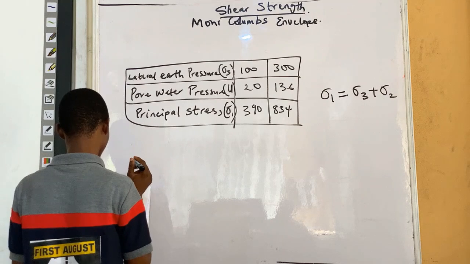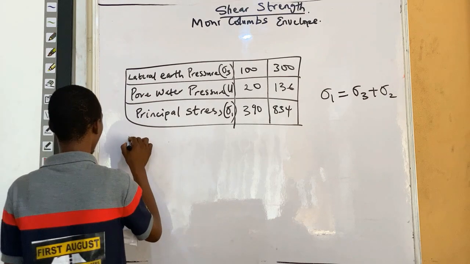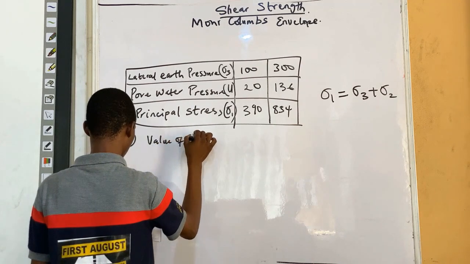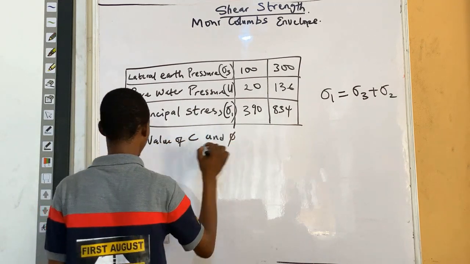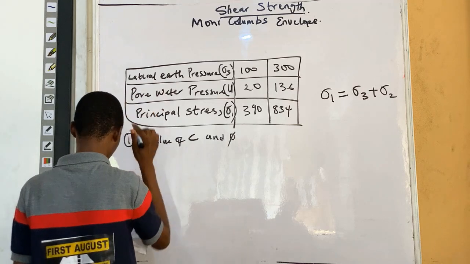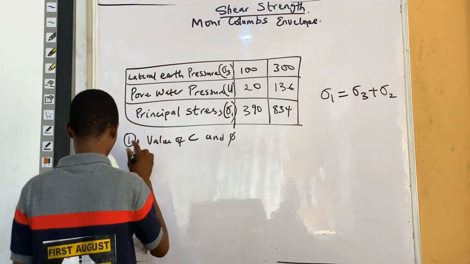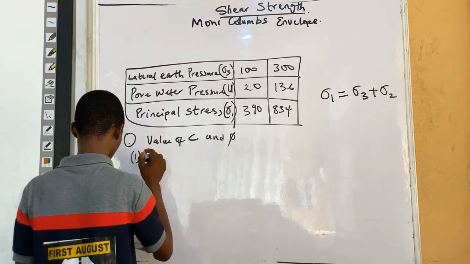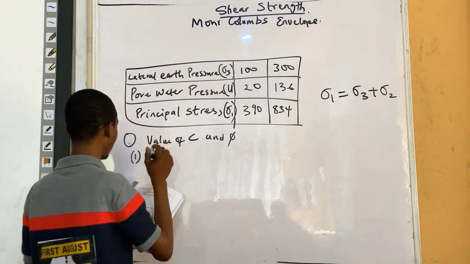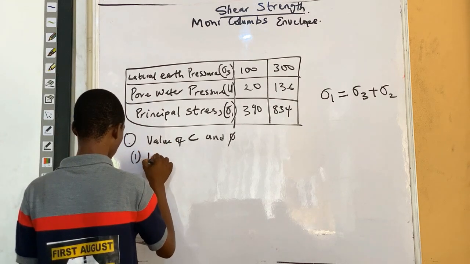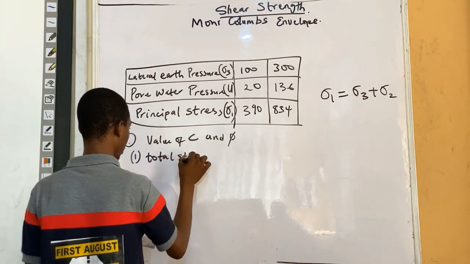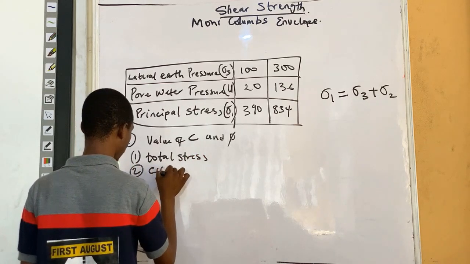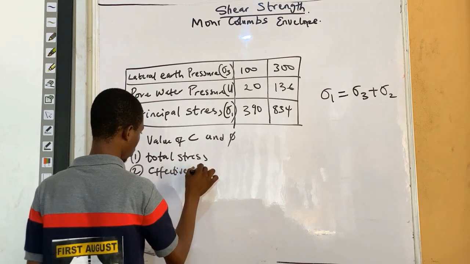Again, the question now: someone has the value of C and phi. What is C? With respect to total stress, and 2 with respect to effective stress.